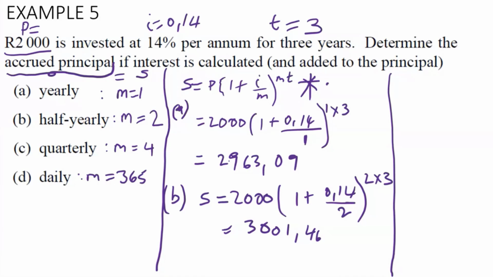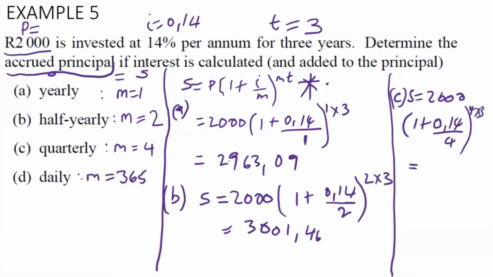You can do the same. Let us do quarterly. For C, your S is going to be equal to 2,000 into 1 plus 0,14 divided by 4, since it is quarterly, to the power 4 multiplied by 3. Then you will get your answer.